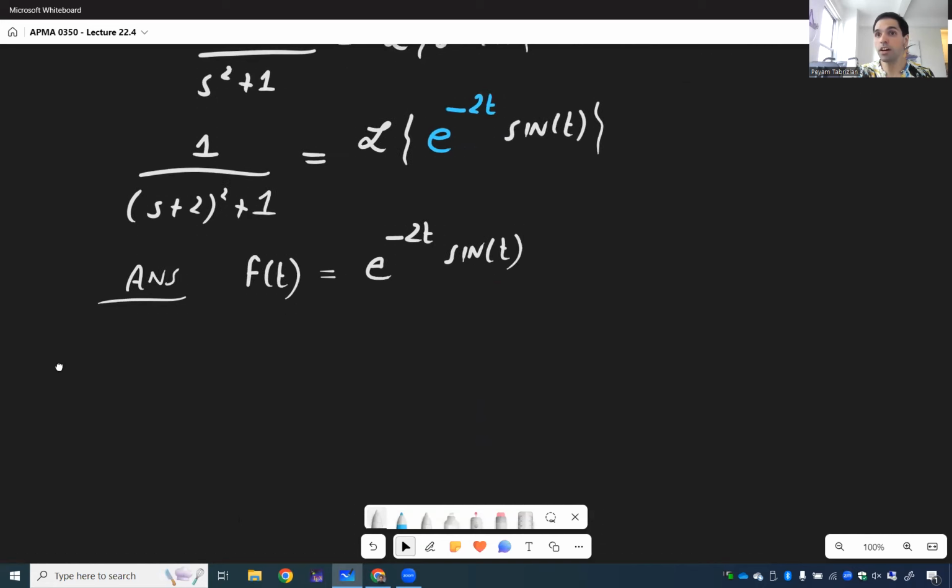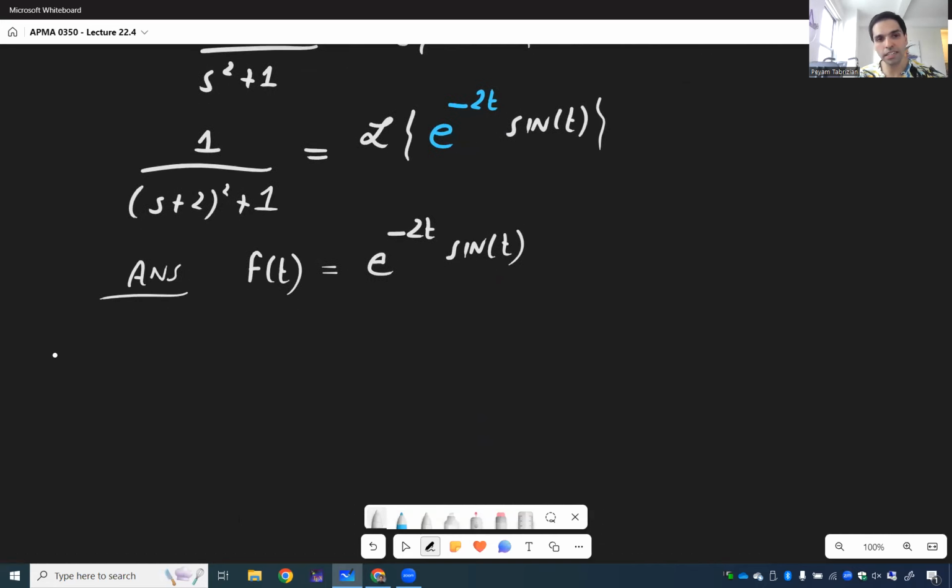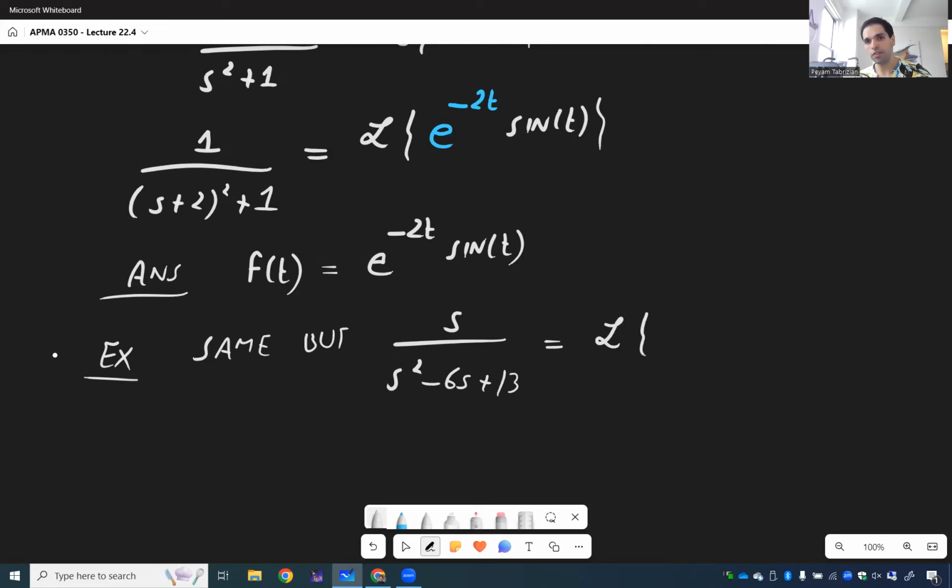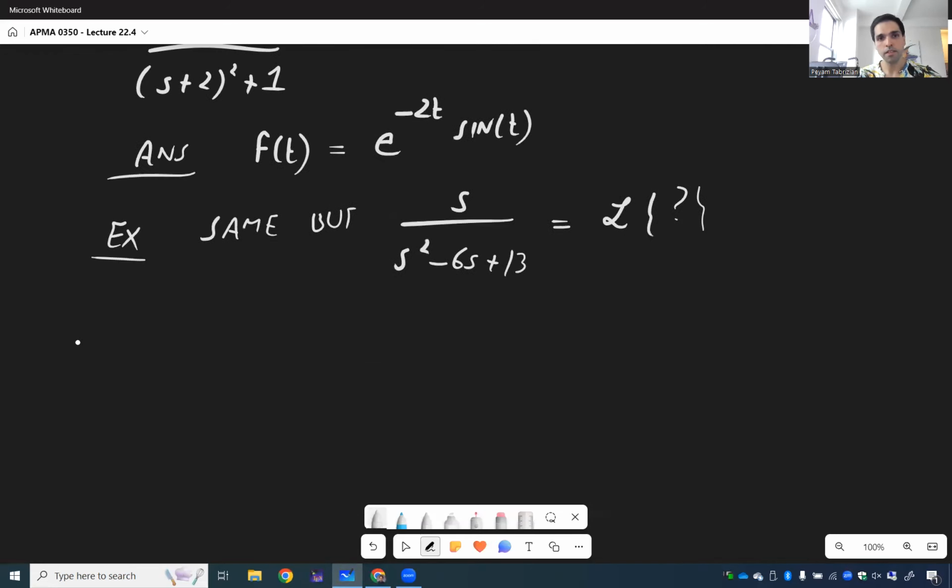Now, let's do yet another example using completing the square. Same, but s over s squared minus 6s plus 13. So that's the Laplace transform of what? Once again, complete the square. So let's look at s over s squared minus 6s plus 13.